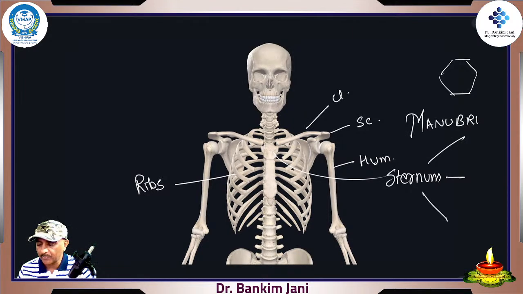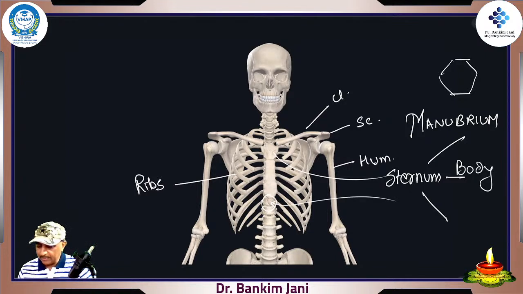The middle one is the body of the sternum. And then there is a small process, can you appreciate? That is called the xiphoid process.